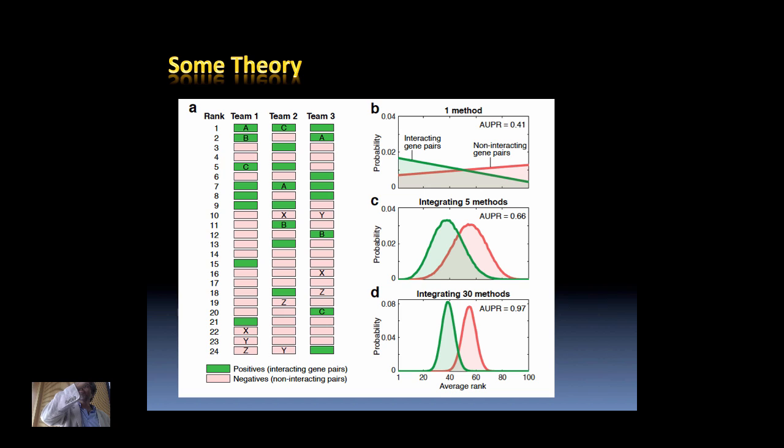All the ones that are true positives, and I am doing the average rank, will, because they are independent, tend to its mean. I am aggregating from a distribution that has a mean, and it will tend to that mean, and the variance will shrink as 1 over the square root of the number of things that I am aggregating.